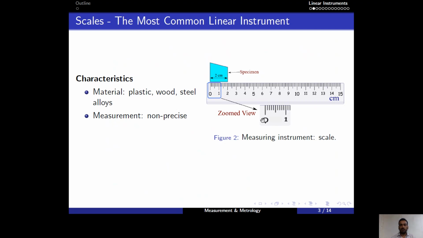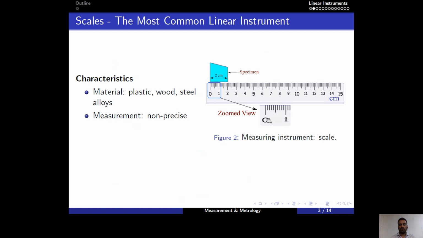Here you can see that if I count the number of divisions in between 0 and 1, first is this, just adjacent to 0, then next is 2, then next is 3, and if I count up to this point, it is 5 divisions, and further up to 1 it has 10 divisions.